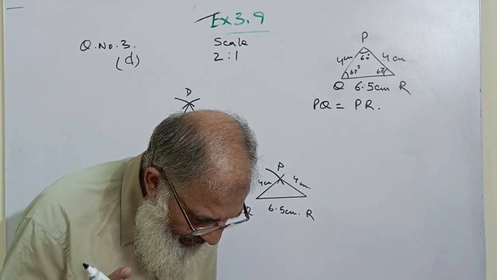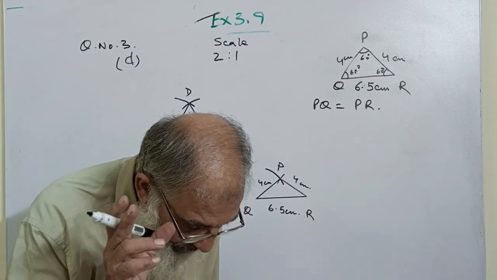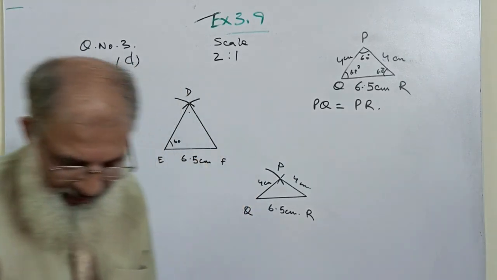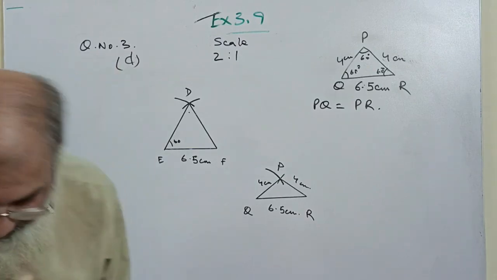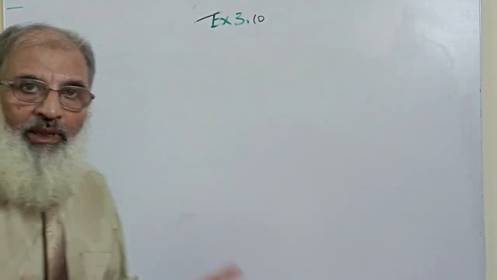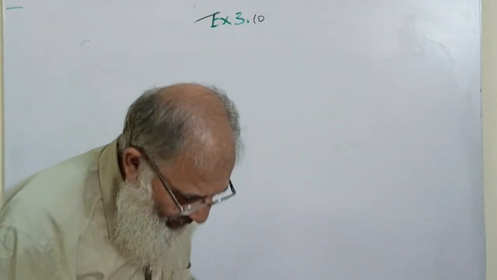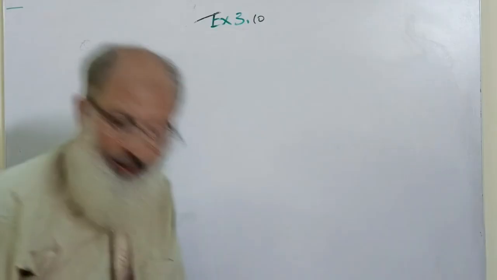Draw a large circle, draw two chords in the same circle, but make sure that they are not parallel. Exercise 3.10. I'll try to compensate it in one lecture. Now I have to draw a large circle.